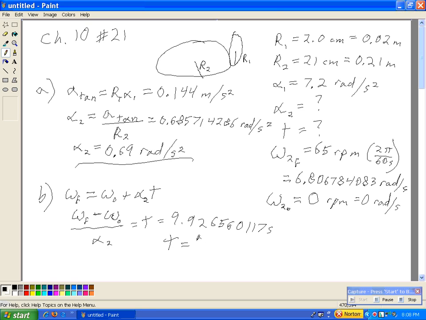Keep the significant figures, so that's 9.9 seconds. Done.